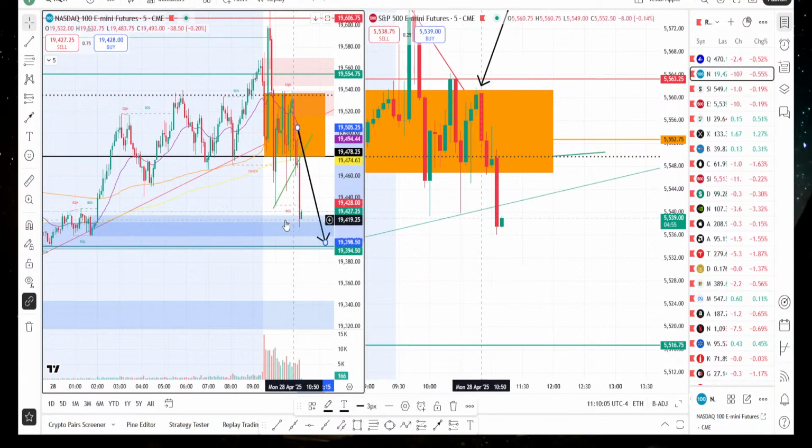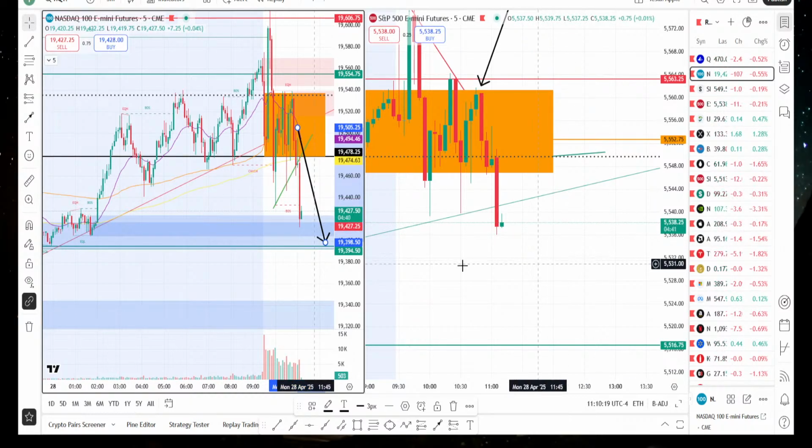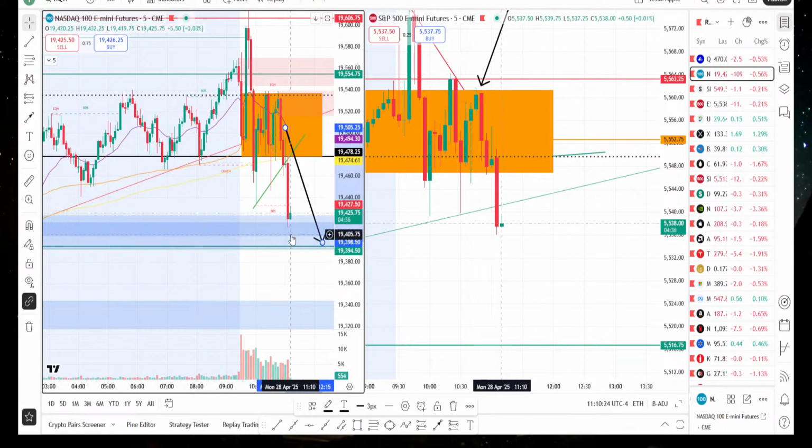It's reacting to this demand zone. You see buyers stepping in because it's dropping into the demand zone, so you'll see some buying.